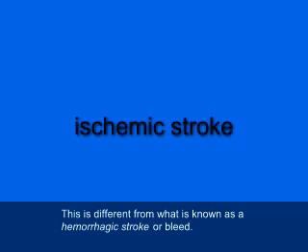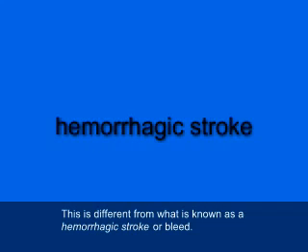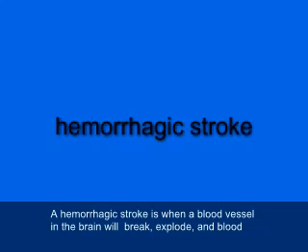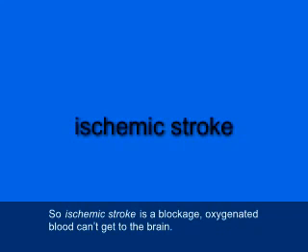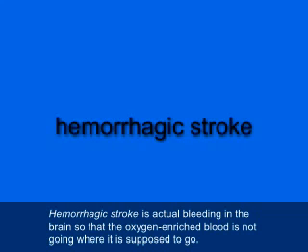This is different from what's known as a hemorrhagic stroke or a bleed. Hemorrhagic stroke. A hemorrhagic stroke is when a blood vessel in the brain would break, explode, and blood would flow out of the vessel so that oxygen would not be carried to the brain. So ischemic stroke, there's a blockage, oxygenated blood can't get to the brain. Hemorrhagic stroke, there's actually bleeding in the brain so that the oxygen-enriched blood is not going where it's supposed to go.